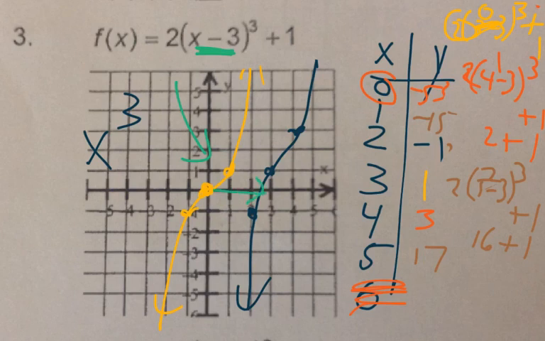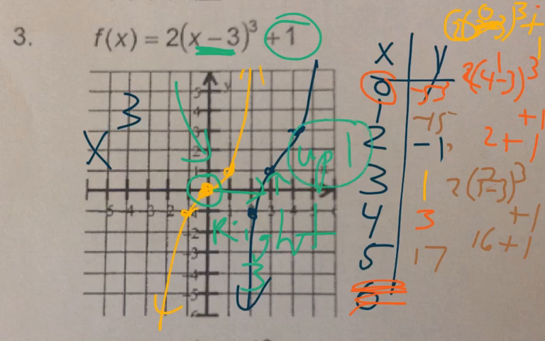It moves it right 3. And what does that plus 1 do? Notice instead of the inflection point being at 0, 0, it also moved up 1 space. So again, it went right 3 because of the minus 3, and up 1 because of the plus 1.